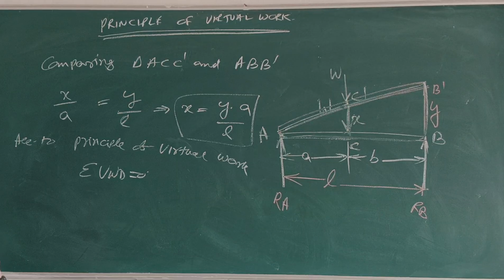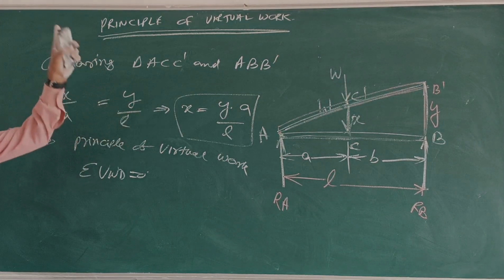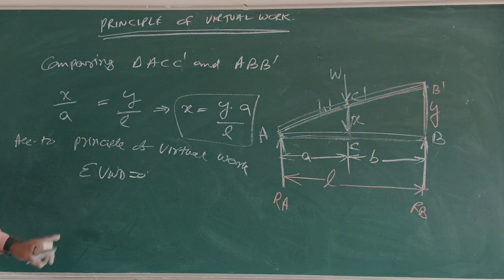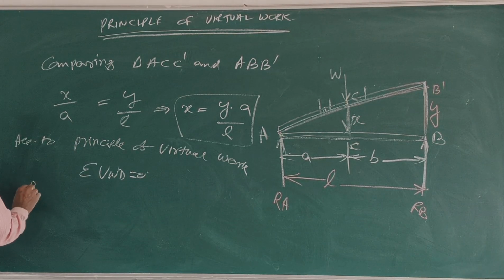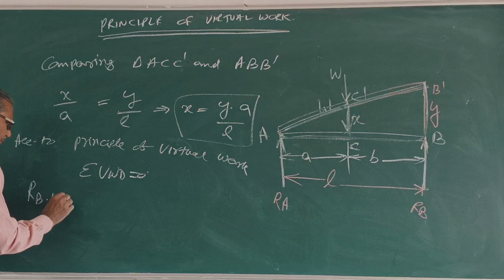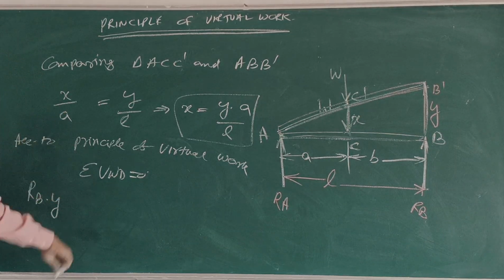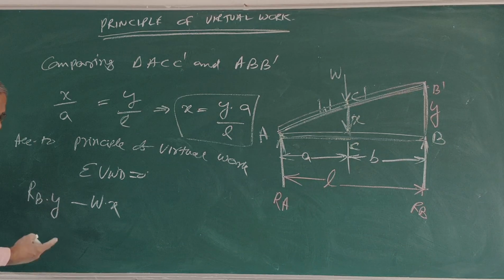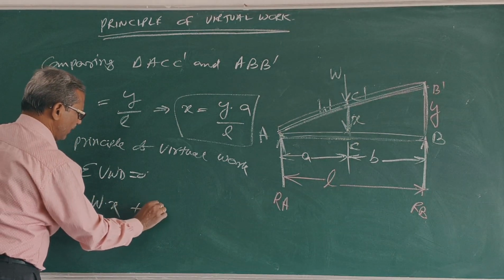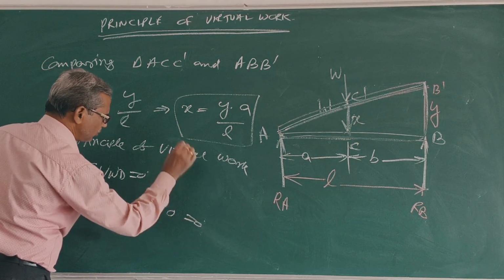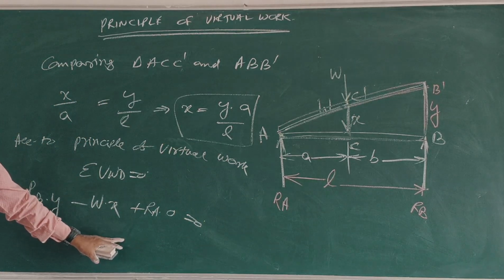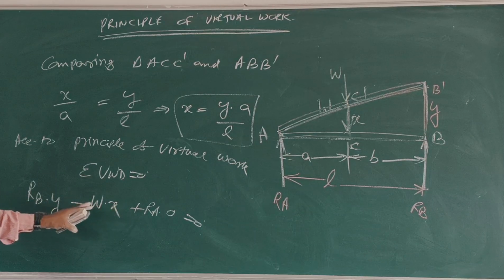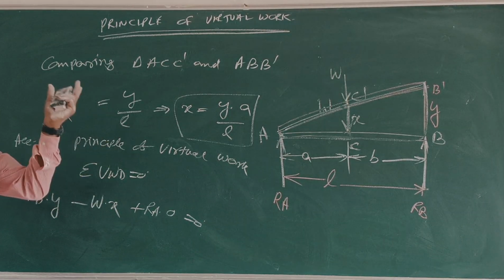So RB into Y, upward force positive, minus W into X, downward force negative, plus RA into 0, is equal to 0. Clear? This is the answer. I'll put in the values of X and Y and find RB, then find RA.